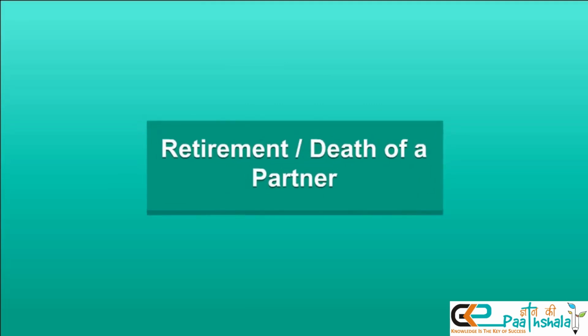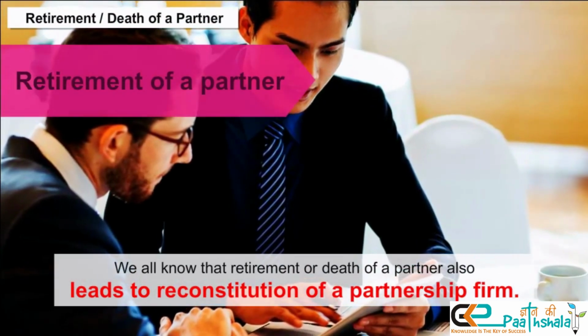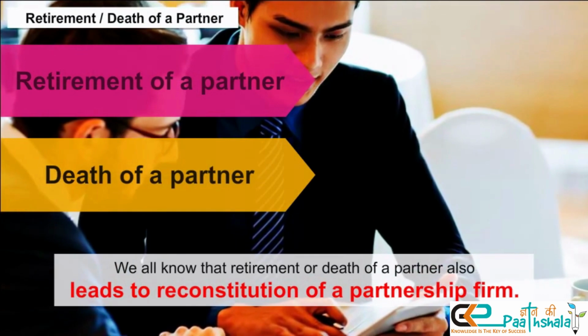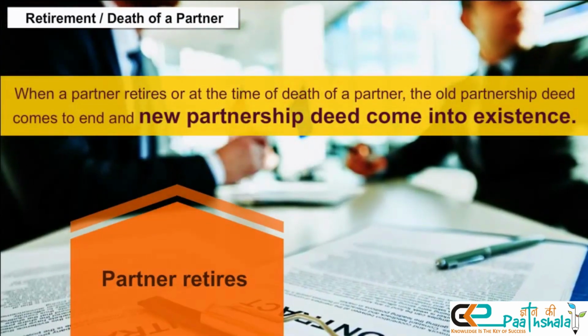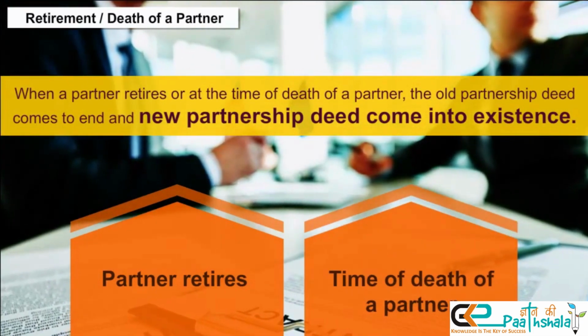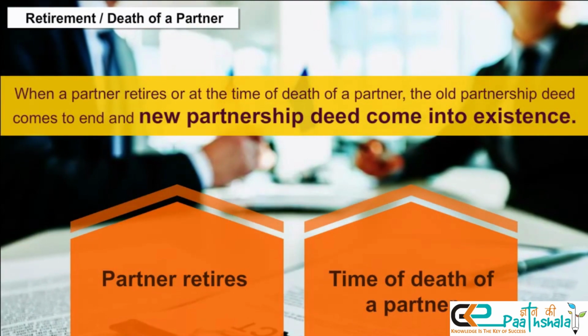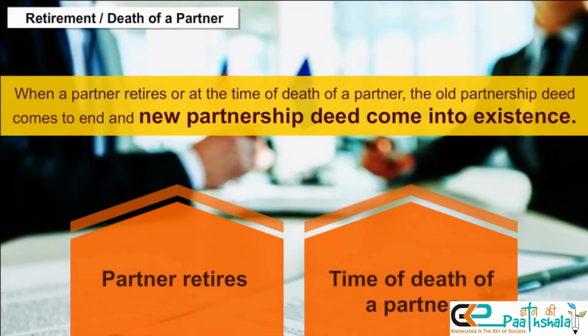Retirement or death of a partner. We all know that retirement or death of a partner also leads to reconstitution of a partnership firm. When a partner retires or at the time of death of a partner, the old partnership deed comes to an end and a new partnership deed comes into existence.